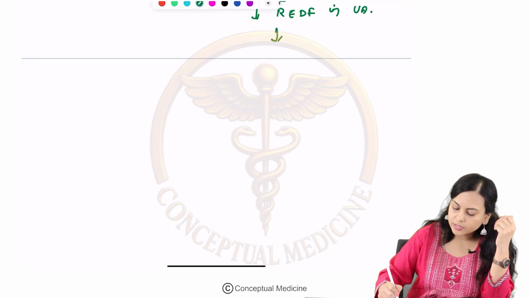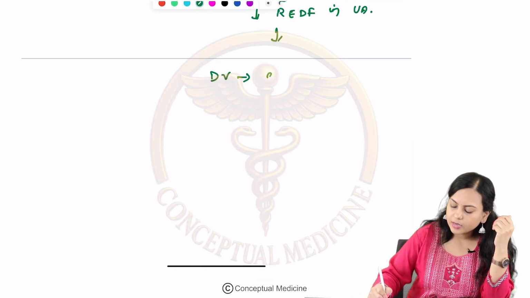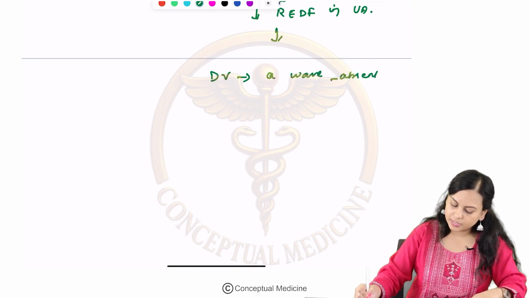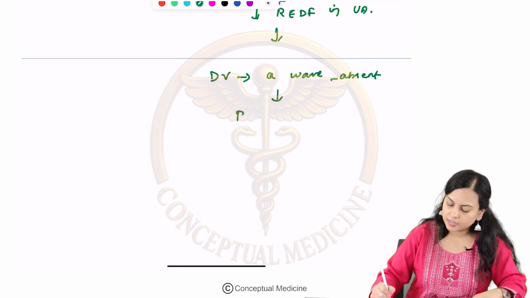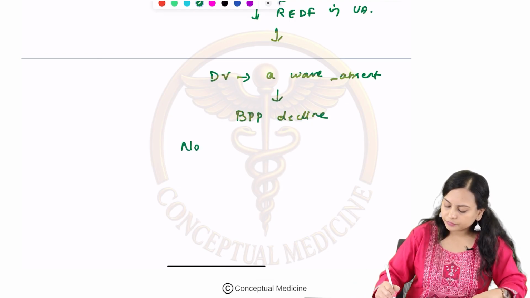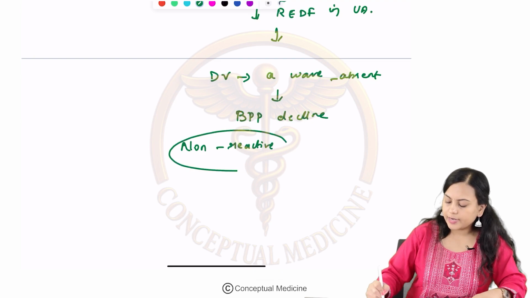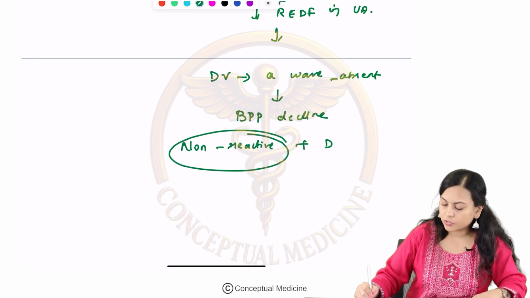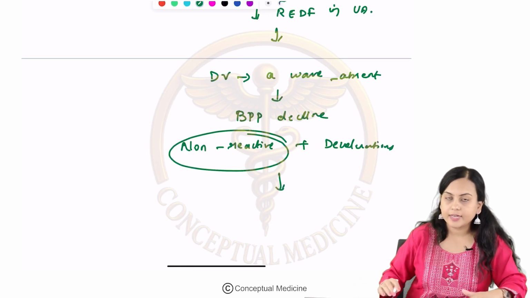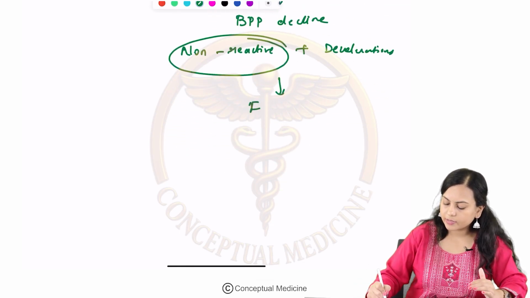In the ductus venosus, the A wave will be absent, and the biophysical profile will also decline. During this time there can be a non-reactive NST associated with decelerations, and finally all these things can result in fetal death also.